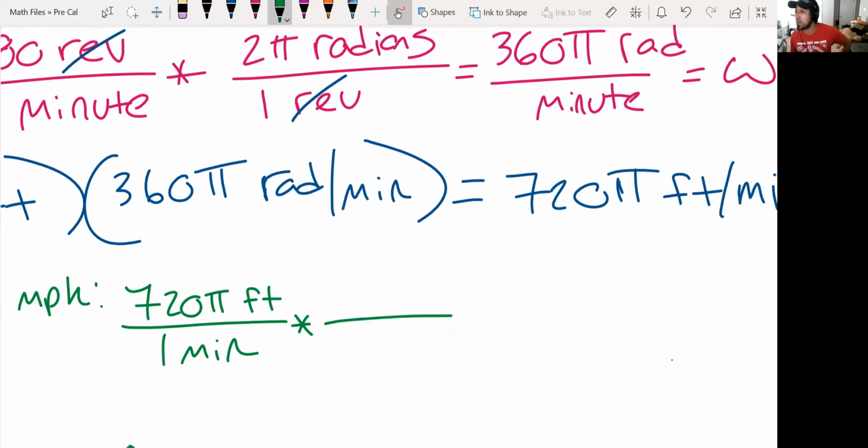Now this is for all you science heads, right? Well, in order to convert to miles per hour, first thing we need to know is how many feet are in a mile. And that should be 5,280 feet in 1 mile. Let me ask Siri.